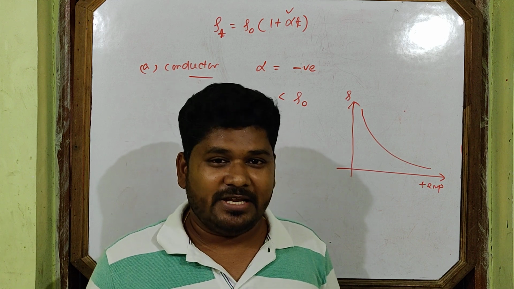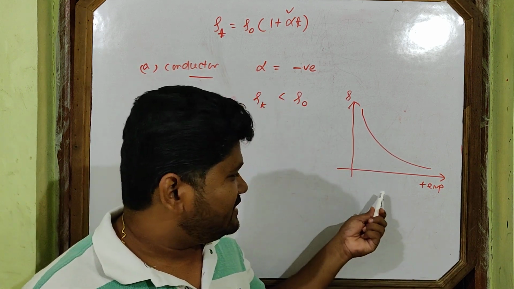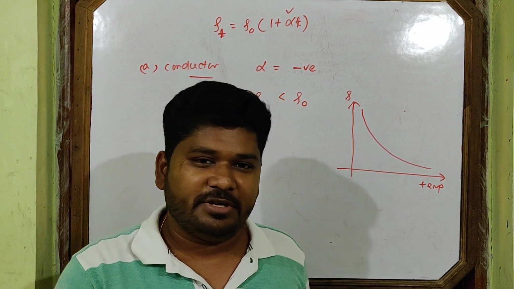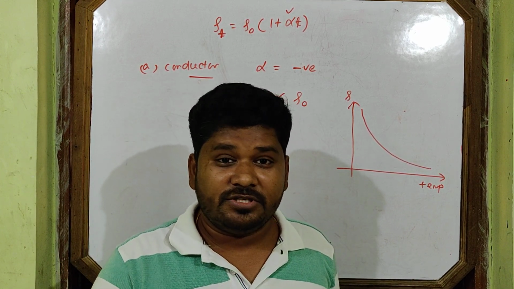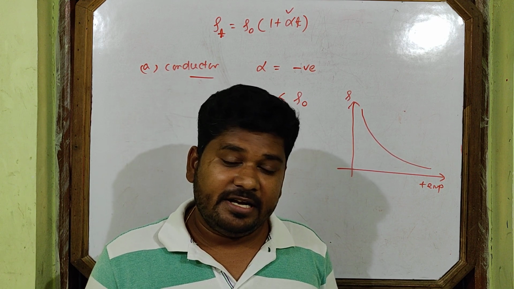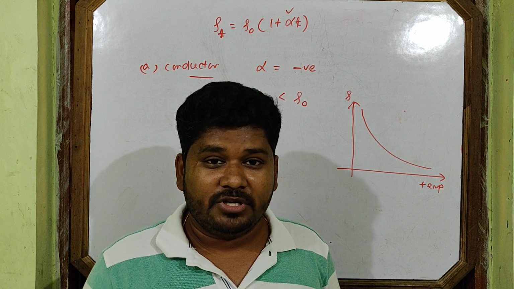One very interesting thing I want to share with you. This graph always comes in the exam, draw the resistivity versus temperature graph for a semiconductor. But once in the exam the question came: draw the resistivity versus temperature graph for germanium.